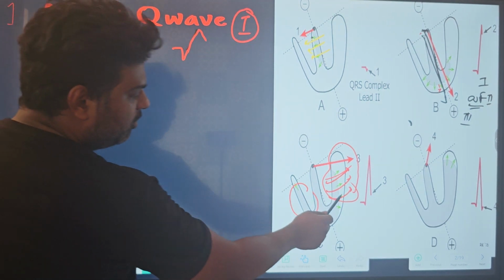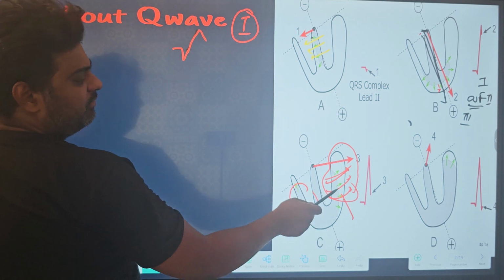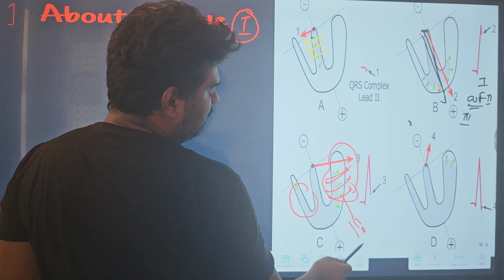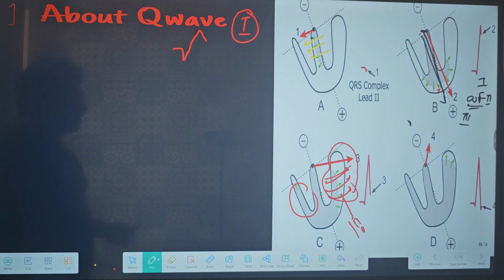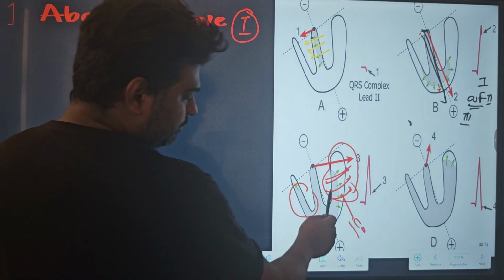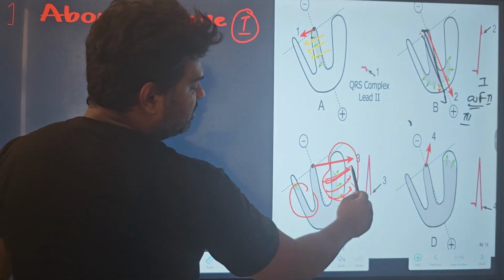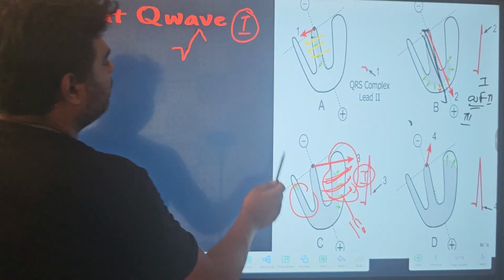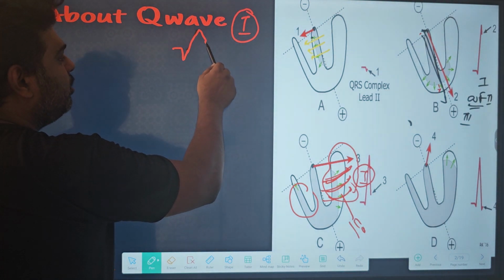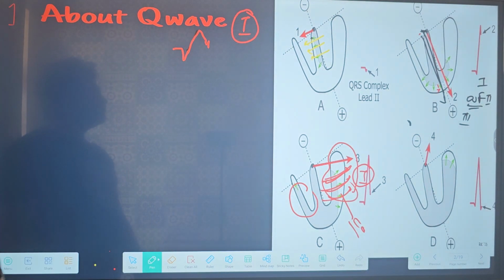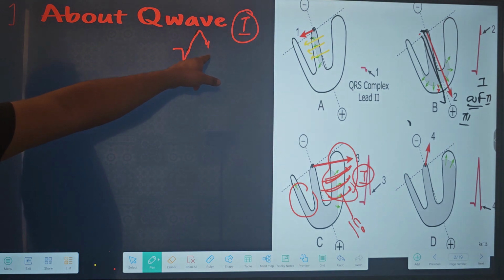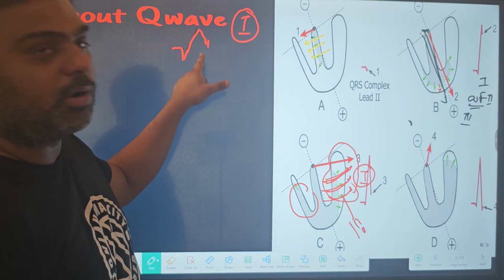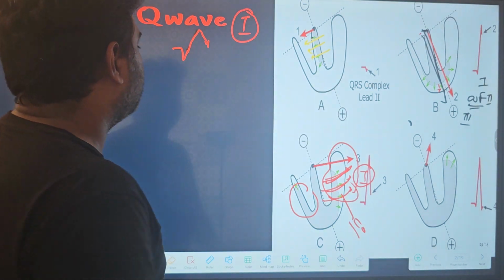This depolarization of the left ventricle from endocardium to the epicardium is very weak, almost zero. Therefore, generally its activity is not recorded. But sometimes, since this direction is from right to the left and lateral lead 1 is here, it may record a notch here. So sometimes you see a notch in this R wave. It is because of the depolarization of the left ventricle wall from endocardium to the epicardium.